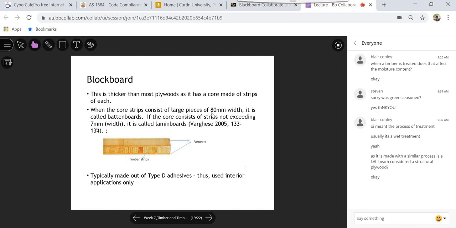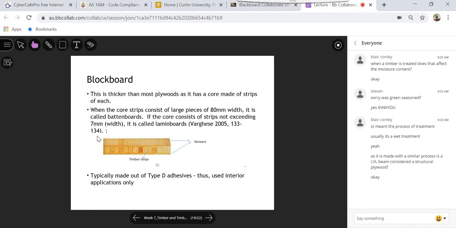There may be different names used for blockboards in the industry based on the size of these strips. If they are more than 80 millimeter width, we call them batten boards. And if they are less than 7 millimeter, we call them lamin boards. There may be several names, and you can search for those names if you are interested.